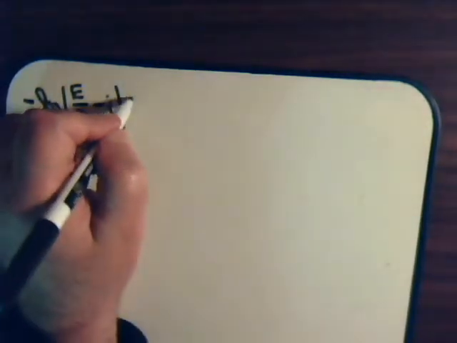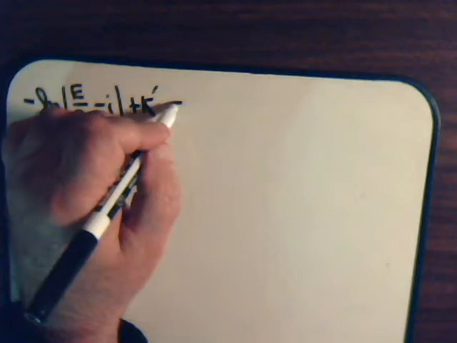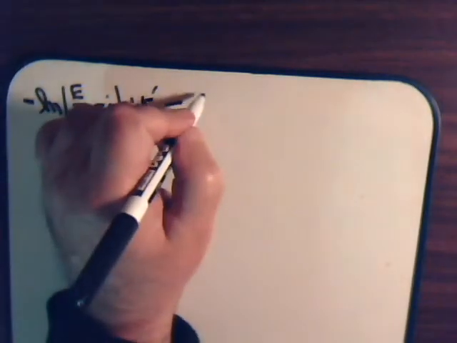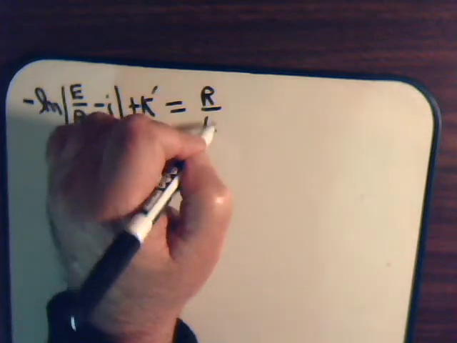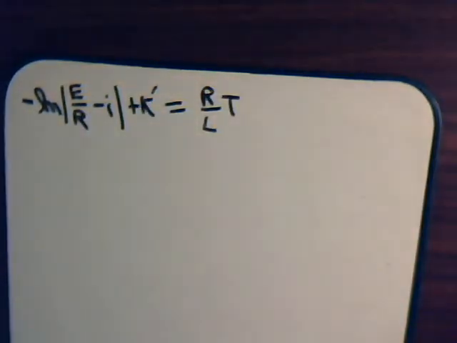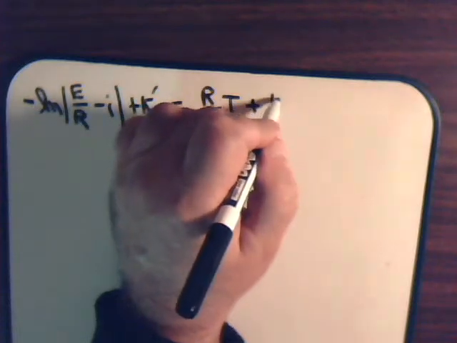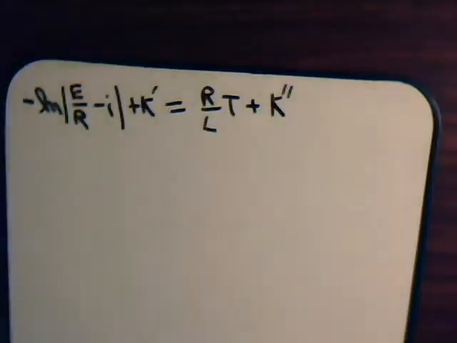But okay, first we're going to erase this. And we had minus the natural log of E over R minus I plus an arbitrary constant of integration, and that was equal to R over L multiplied by t, t is time of course, plus another arbitrary constant of integration.